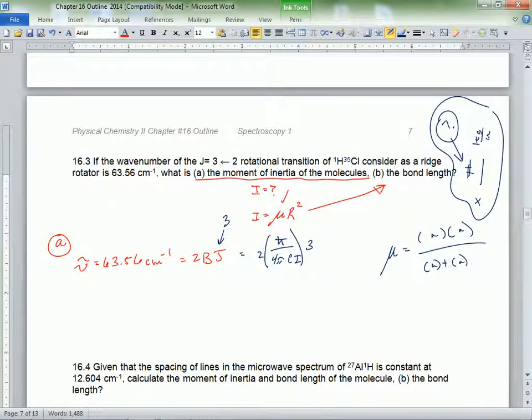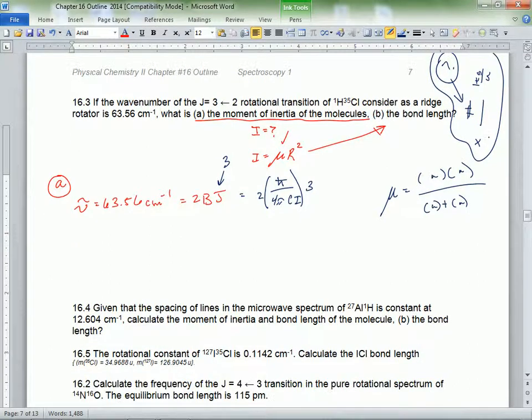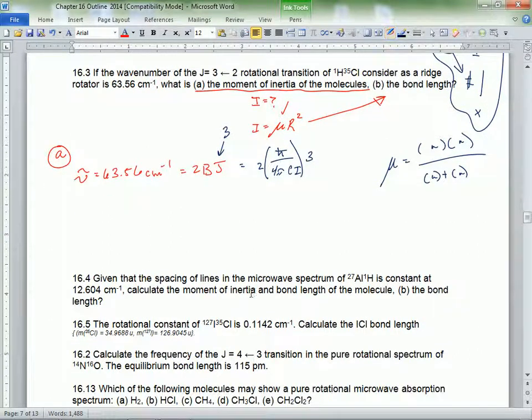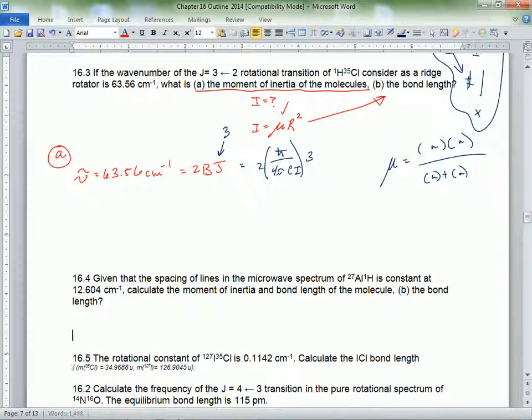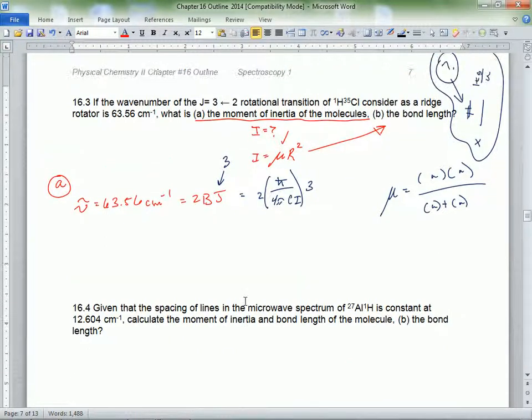Given the spacing of lines in the microwave spectrum, constant.